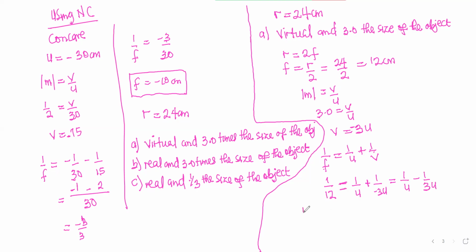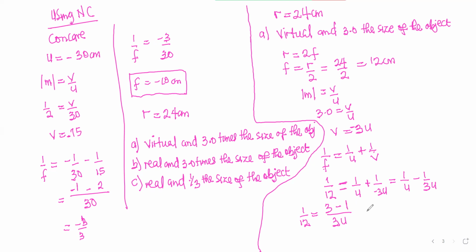So you make U the subject. LCM, 3U. U goes into 3U 3 times, so 3 times 1 is 3. Minus, 3U goes into 3U once, remember 1.